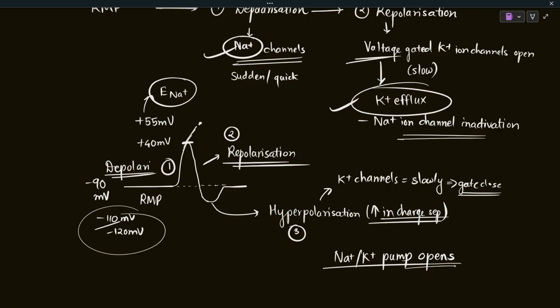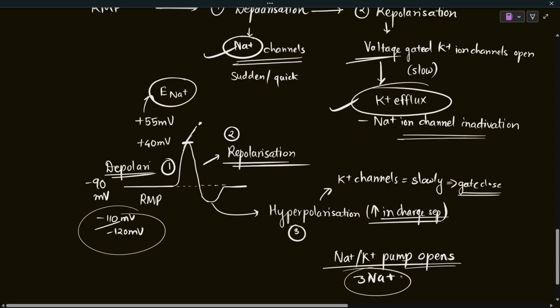We have already seen how it restores the resting membrane potential. It moves three sodium ions out of the cell and moves two potassium ions inside the cell. This is how the sodium potassium pump maintains the resting membrane potential.